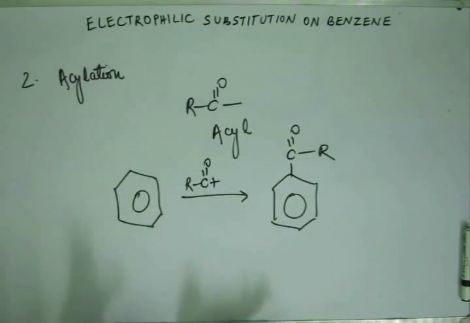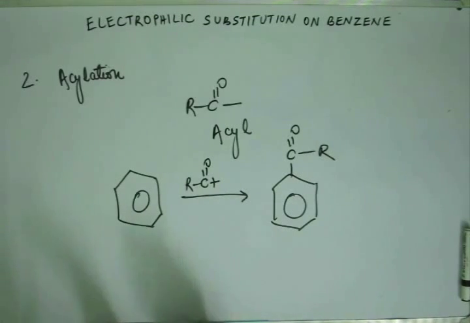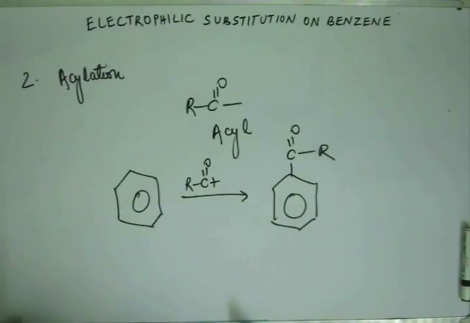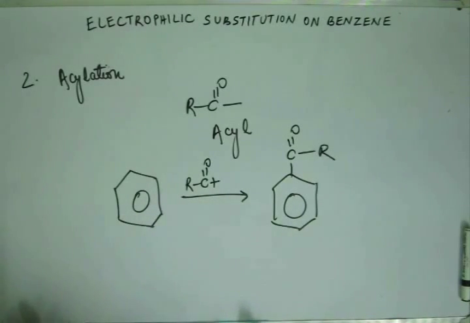That means I must have an acylium ion that will form the acylation product, or that will form an acylated benzene. Alright, now the whole understanding would be of how this acylium ion will be created. The mechanism will remain exactly the same, the mechanism which we have already seen.